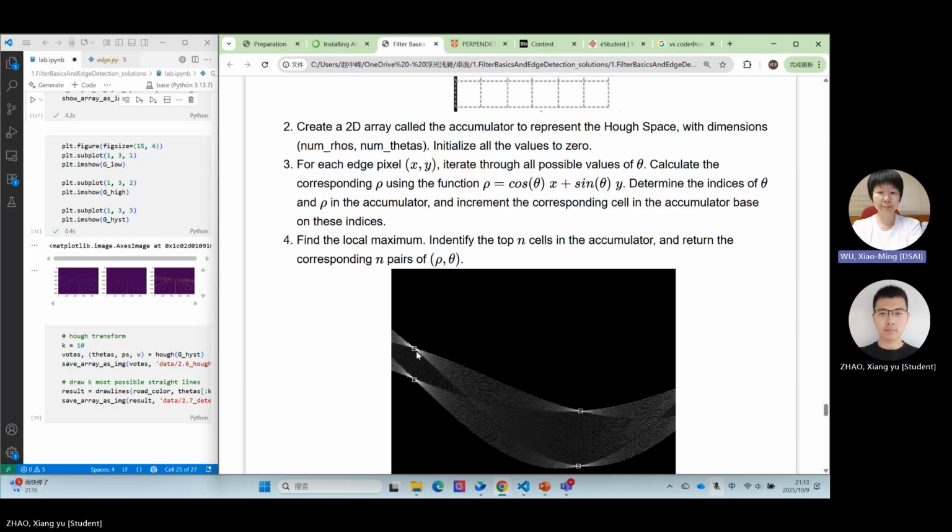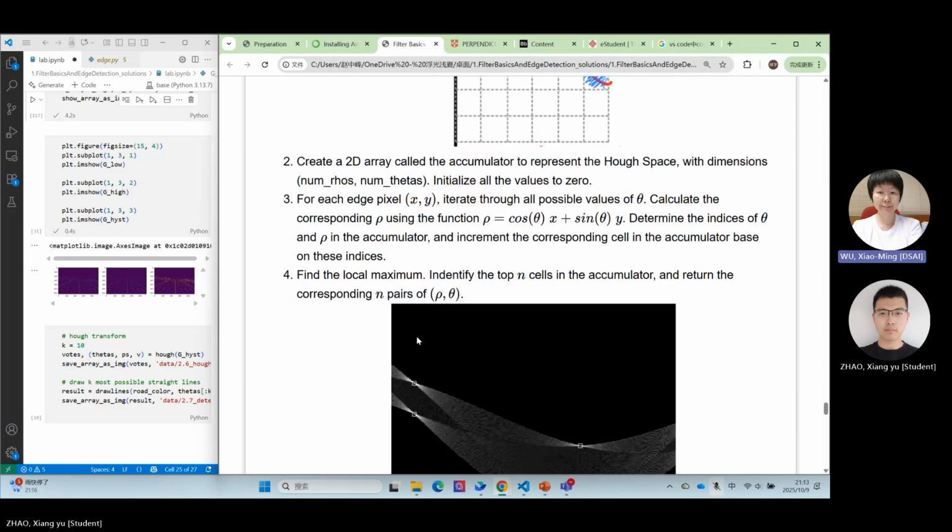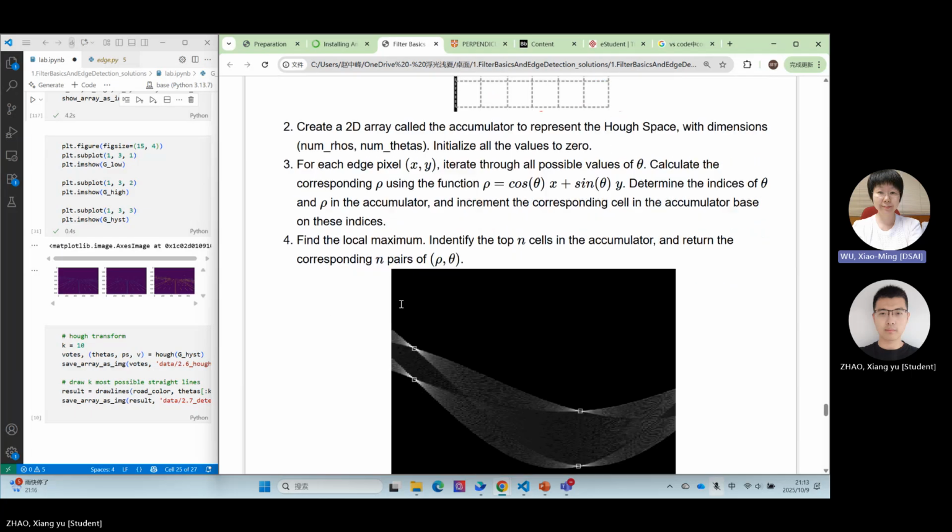That means this is a straight line in the image. So by using this method, we first translate the image into the Hough space, and then we only need to find the points that many lines pass through.